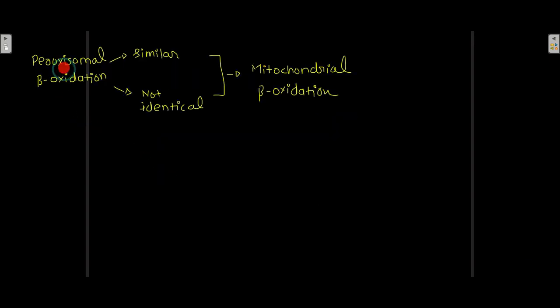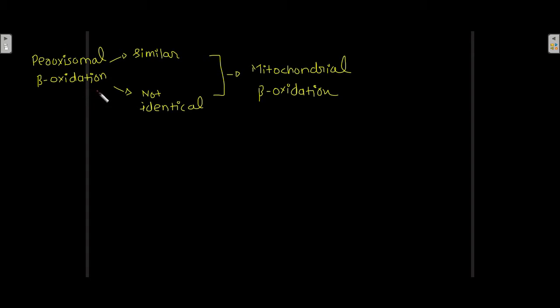Now this peroxisomal beta oxidation is similar, but it is not identical to mitochondrial beta oxidation. In animals, beta oxidation occurs in both peroxisomes and mitochondria, but the process occurring in the peroxisome is slightly different.